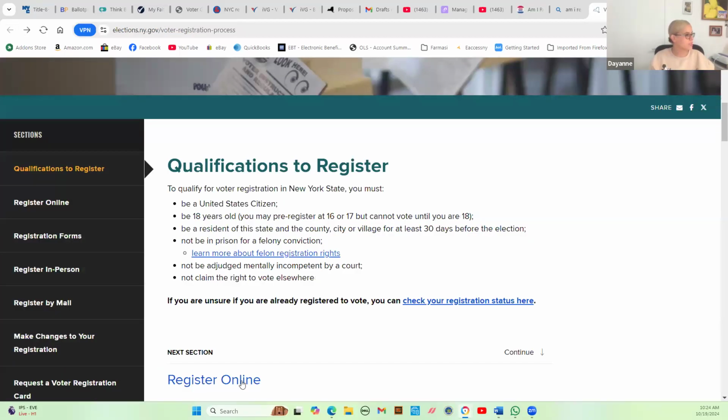So let's just go back quickly. And it tells you what you need to be a registered voter. You must be a citizen. You must be 18 years or older. Be a resident of this state and county, city, or village. Not be in prison for felony conviction. This is where you're going to click on here, where you're going to see where there has been an exception added.